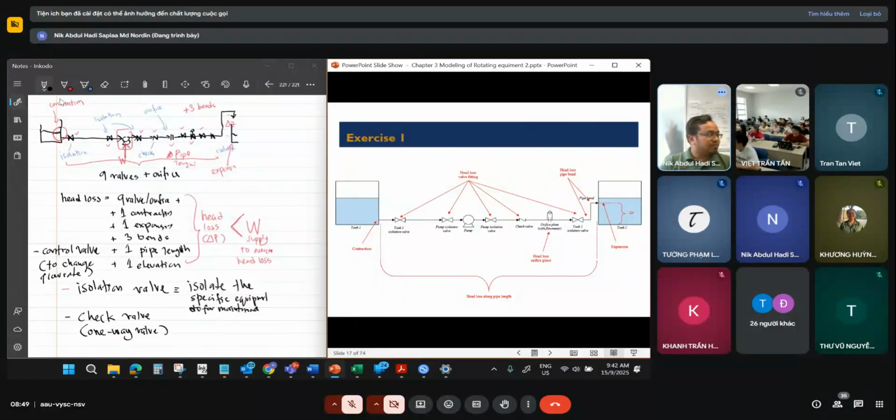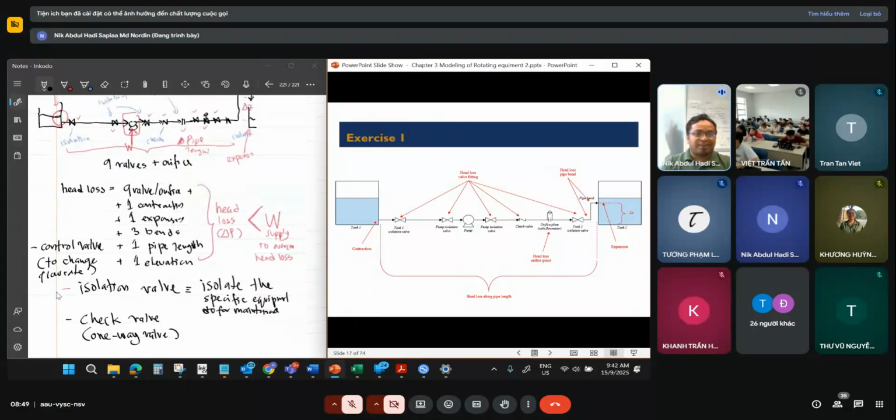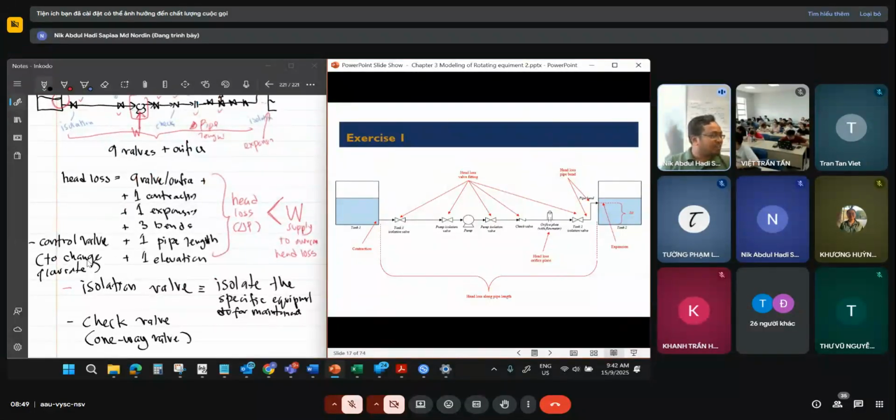So good. Yeah, sorry, my handwriting is not that perfect. So hopefully you can still read it. Okay.